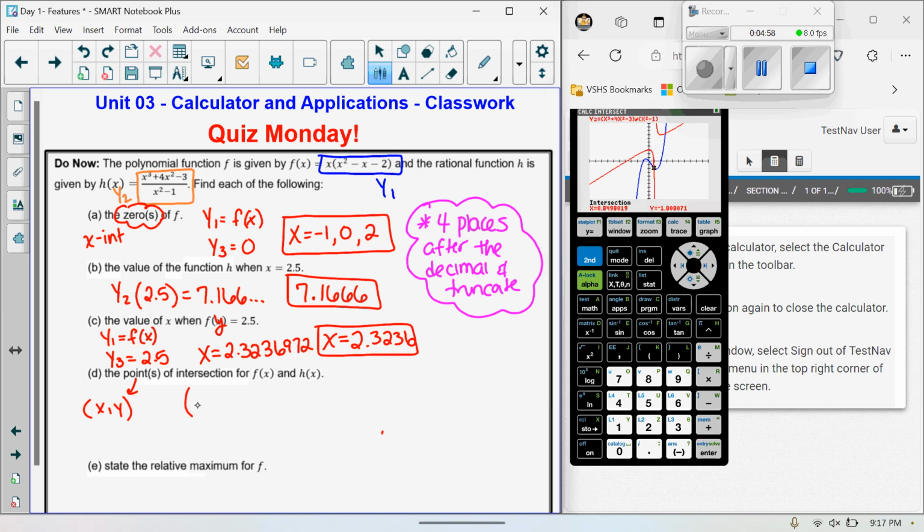So I have 0.84198, comma, negative 1.8080. And my second point, run that again, second trace 5, scroll to the other point of intersection, enter 3 times, 2.7211, comma, 7.3021.